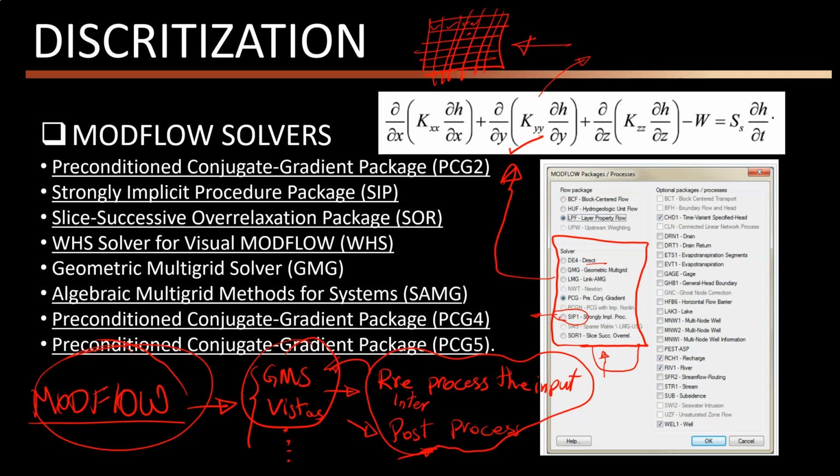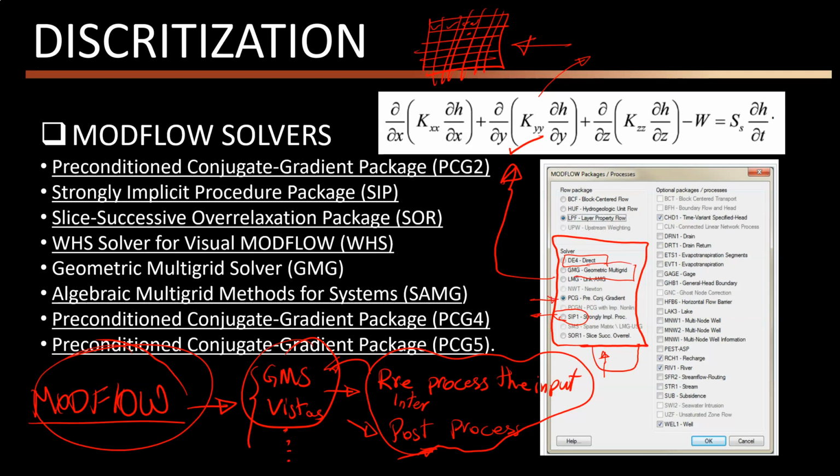So there are differences between these, but if you want to know the details, each of these solvers has its own documentation that you can Google, read, and learn what the advantages and disadvantages are.